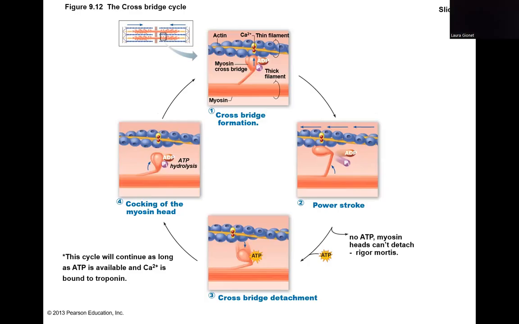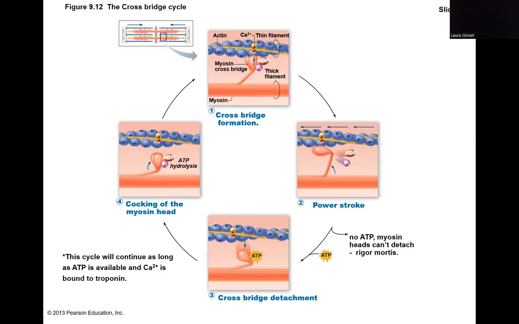Don't worry about all the steps of hydrolyzing ATP and inorganic phosphate and then it detaches and so forth. I just want you to see that when calcium binds to that troponin tropomyosin complex, it moves and the openings on actin become exposed. And now myosin makes contact with it.